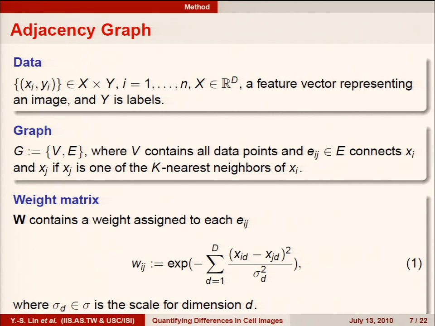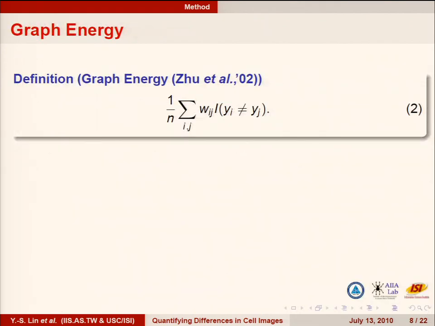In many previous works, graph energy is used to measure the mixture of labels in a graph in a feature space. Its definition is the sum of the weights of the edges that connect data points with different labels, averaged by the number of data points.